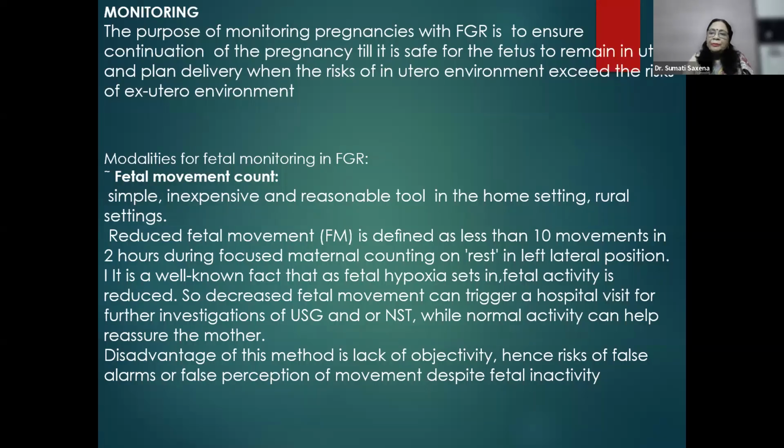The basic method is the fetal movement count, which is a very simple, inexpensive, reasonable tool in the home setting and in rural settings. Reduced fetal movement is defined as less than 10 movements in 2 hours during focused maternal counting at rest in the left lateral position.